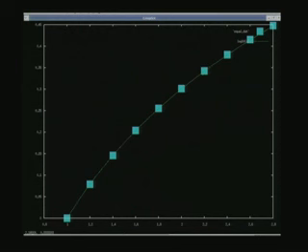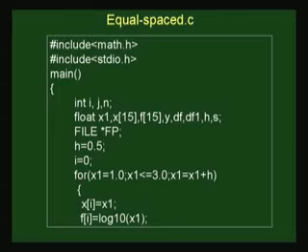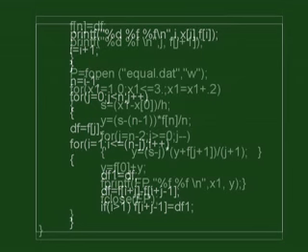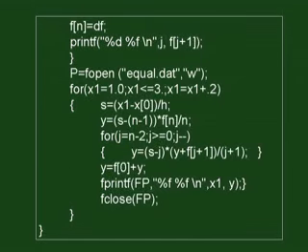The square symbols here are the interpolated values, and you can see that the interpolated value actually goes over the function quite well. So our interpolation works pretty well.